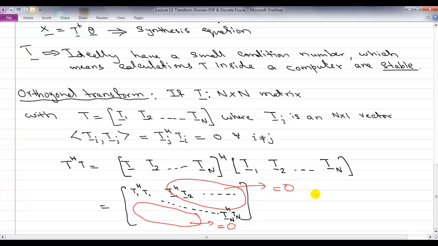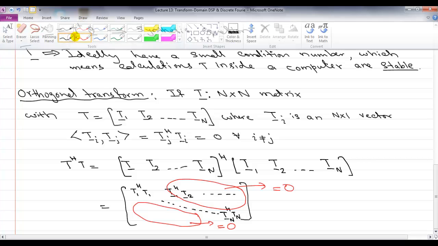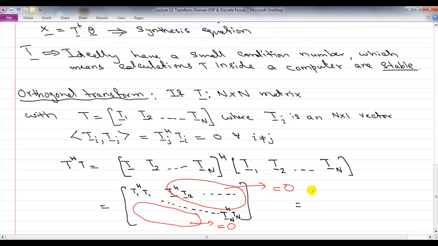So all you will be left with is a diagonal matrix, which will have on the diagonal T1 Hermitian T1, T2 Hermitian T2, up to Tn Hermitian Tn, and 0 everywhere else.